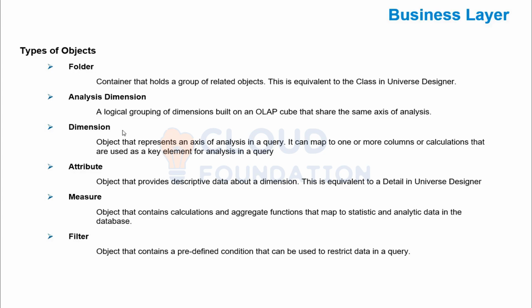Folder is that one. And as I already told, the objects are of three types: dimension, attribute, measure. A dimension is text data, like month, product name or product ID, anything which classifies the information. Our object represents the axis of analysis in a query.